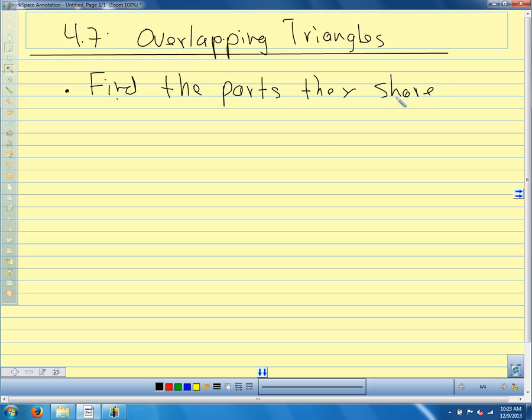And it can be helpful, when we have pictures of overlapping triangles, to redraw the picture and separate the triangles.